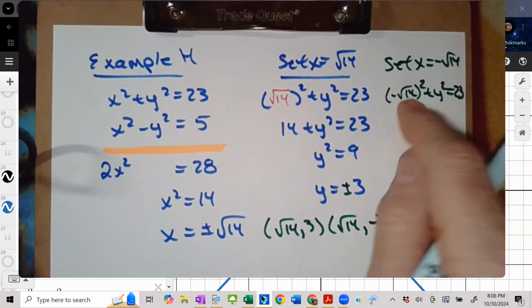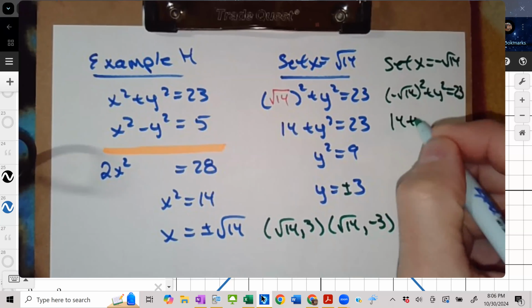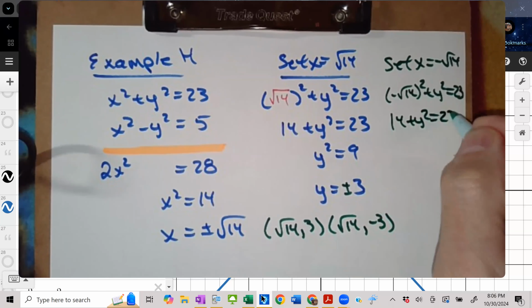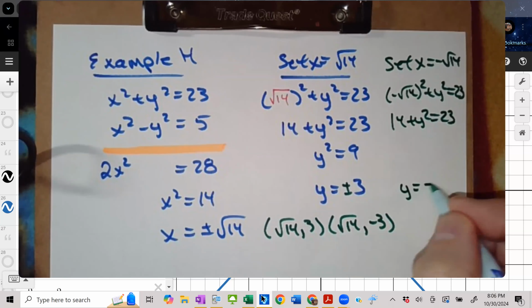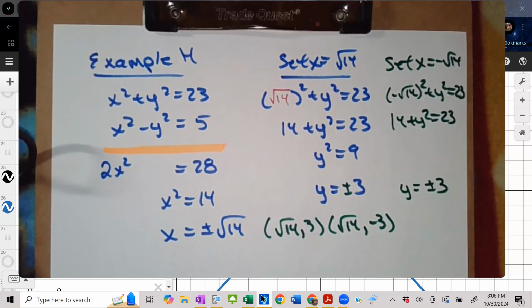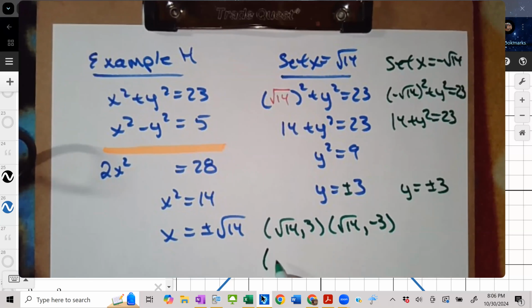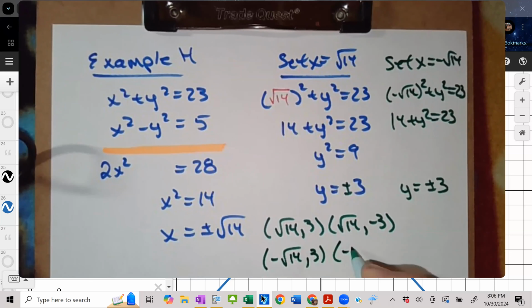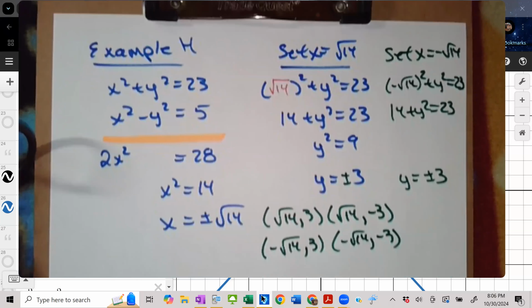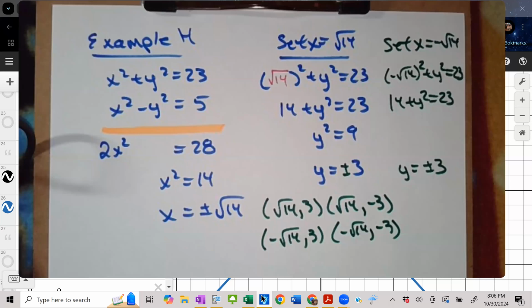When you square a negative, you get a positive. 14 plus y squared equals 23. You're going to end up with y equals plus or minus 3 as before. So the short story is I get negative square root of 14 and 3, negative square root of 14 and -3. 4 solutions, just like we predicted.